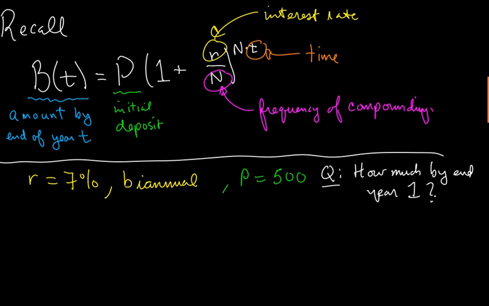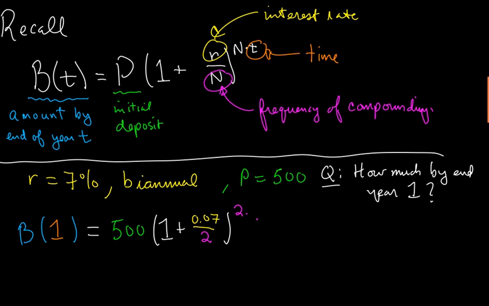Now, according to this formula, all we're going to have to do is take t equals 1 and simply plug it inside that function b. Okay? And according to the formula, when you plug that in, the initial deposit is P, you get 1 plus, well, the interest rate is 7%, so we plug in 0.07. Then you divide by the number 2.